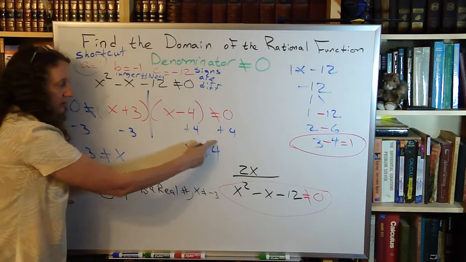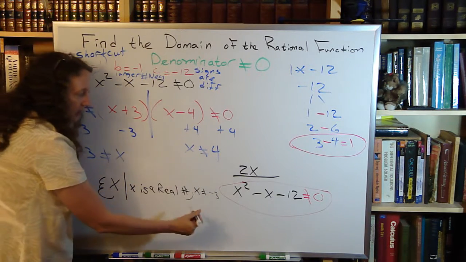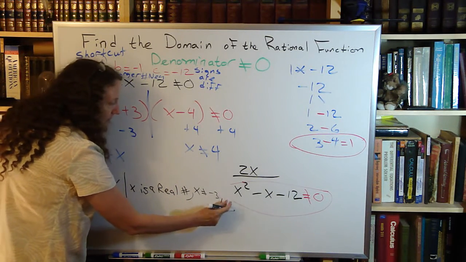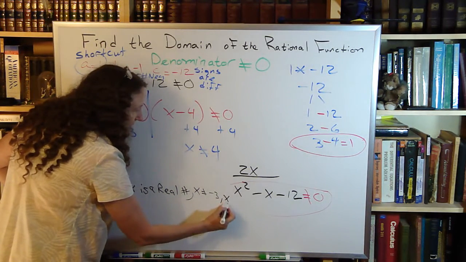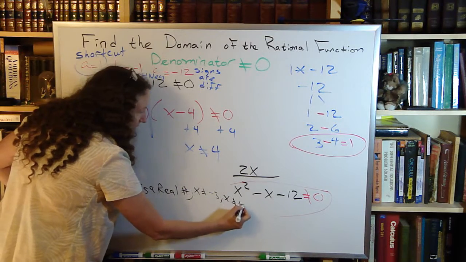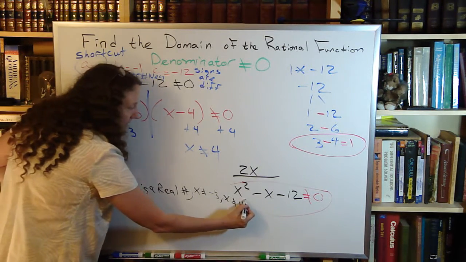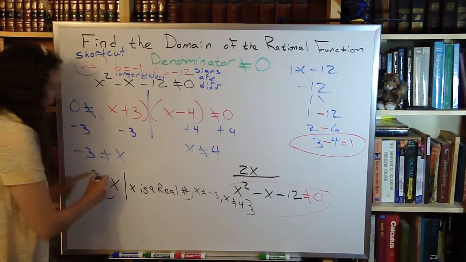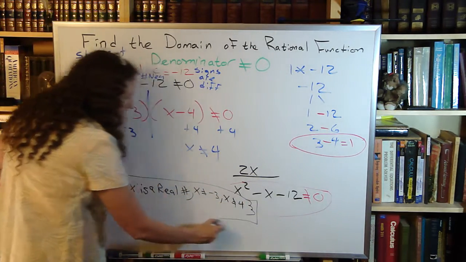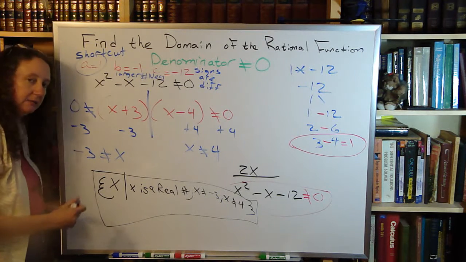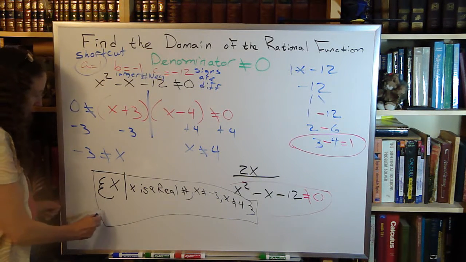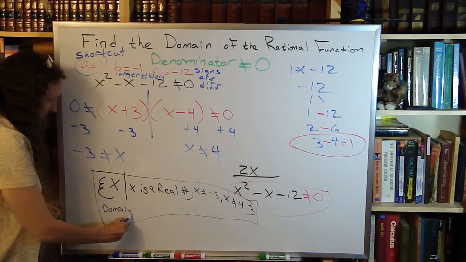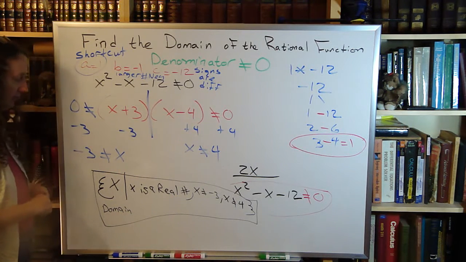There's a third condition here. X cannot equal 4. And that's the end of my conditions, so I close my set notation. And this is my domain. And that is finished.